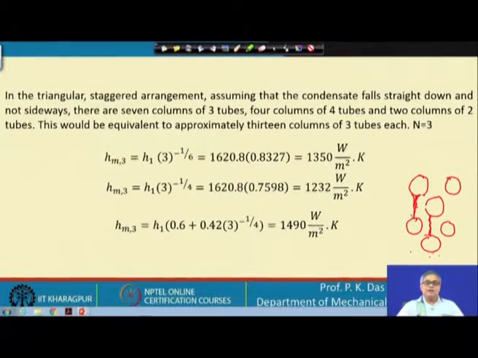Here we have made an assumption, some sort of approximation; we could have calculated separately also. The changes will not be much, but in design calculation there are many assumptions, and this is the kind of assumption we have made: approximately 13 columns and approximately 3 tubes in each column.